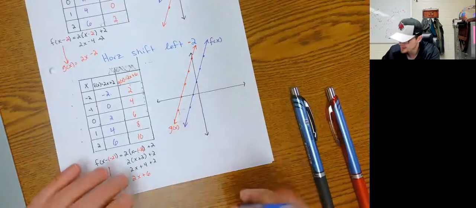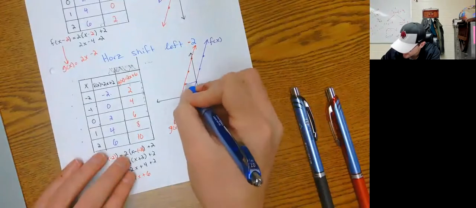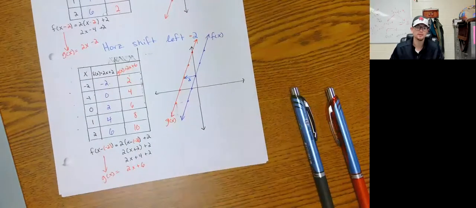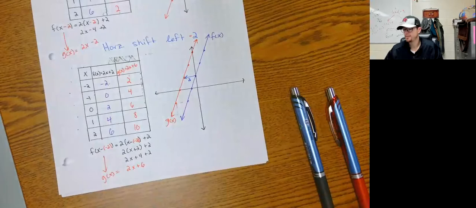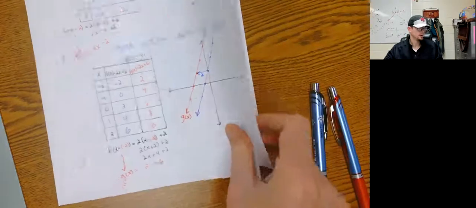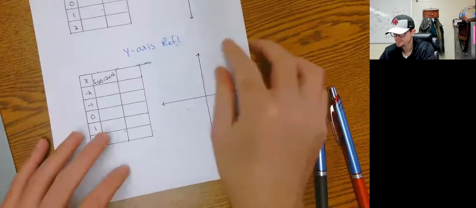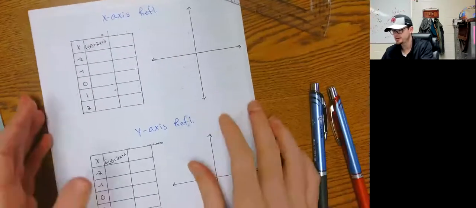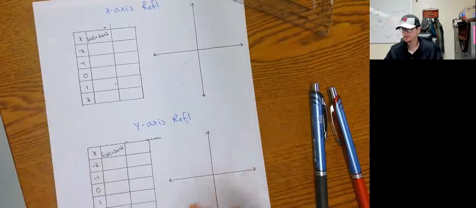And is it to the left too? What do you know? It is in fact to the left too. All right, awesome. Dropping pins over here. That one took a little bit longer. All right, what are we on next? We got reflections. All right, got some fun reflections. So an x-axis reflection, let's look over here.